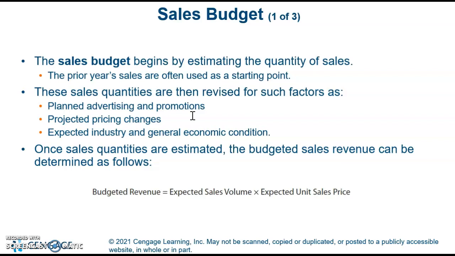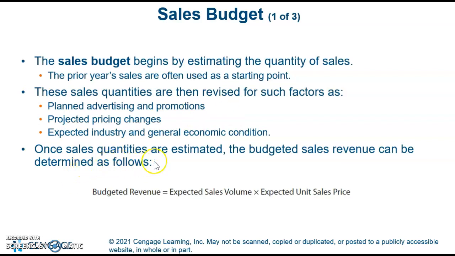If you're in tourism or some other area, then it could be decreasing. So that's what we mean by expected industry and general economic conditions. Even if we didn't have the global pandemic, we still have other things that we would need to take into account. So companies and businesses, the budget will look different each year.